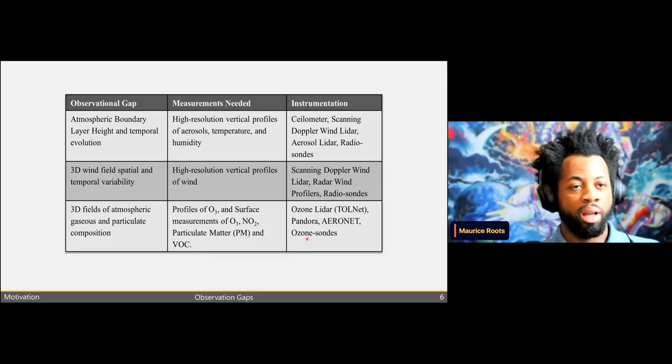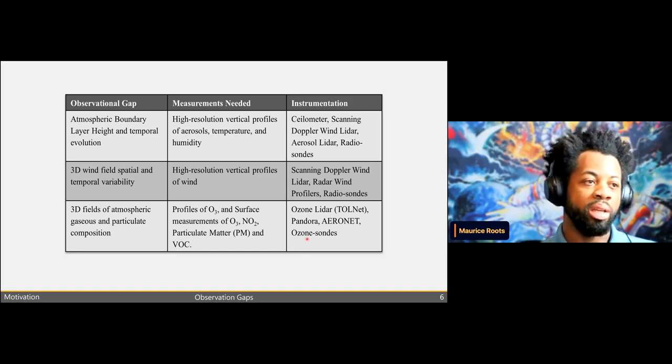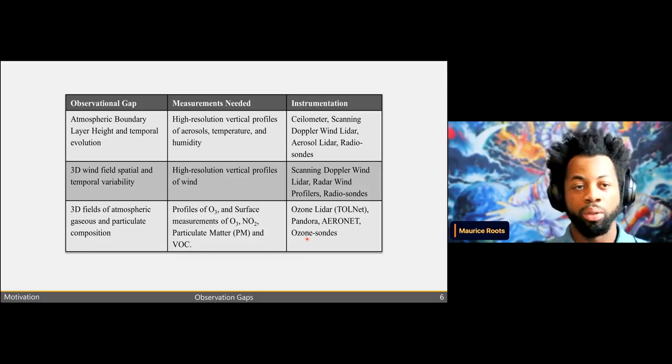We need profiles of winds so that we can understand the transport mechanisms. And then we need profiles of the gases and the particles to understand the composition. That's the profiling of pollution that I've mentioned.